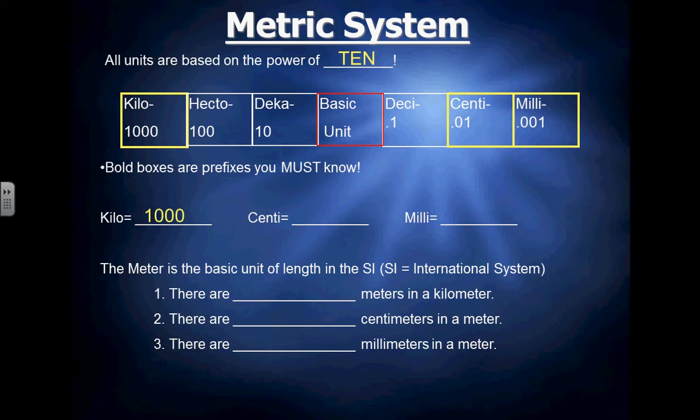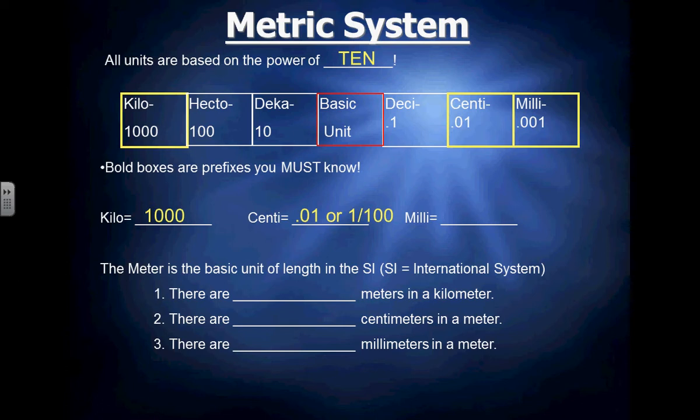So, kilogram is 1,000 grams. Kilometer is 1,000 meters. Kilometer is 1,000 meters. The other side from the base, these make the units smaller when we go to the right on this system. Centi is 0.01 or 1/100th of the base unit.